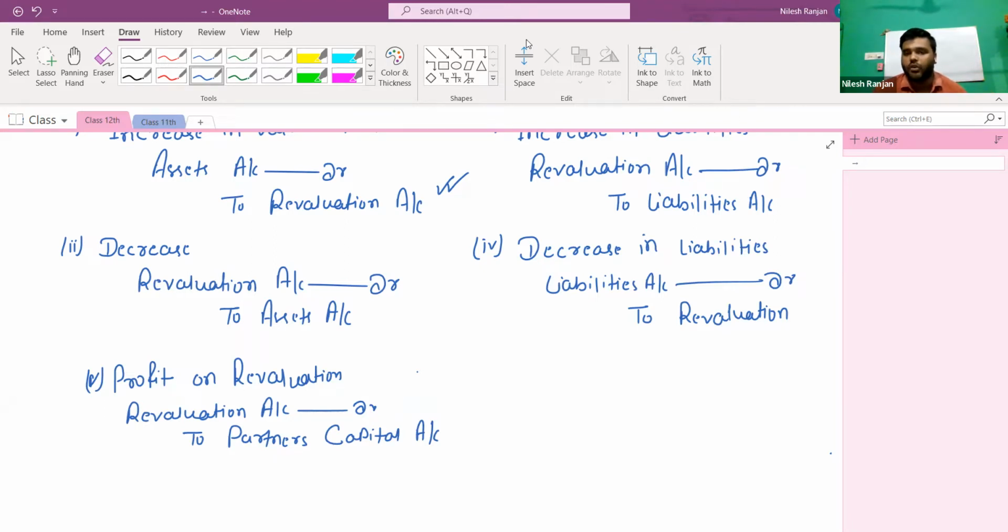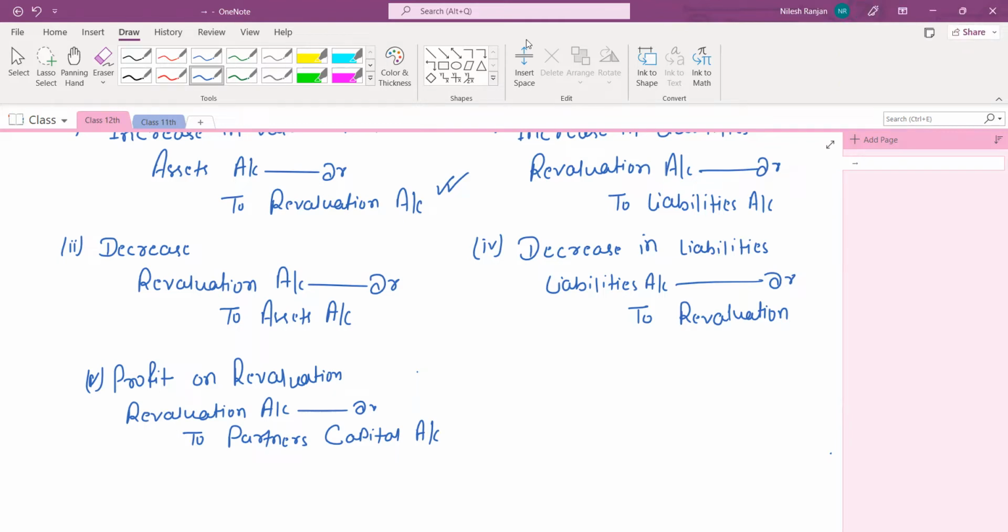So is it profit or loss for you? Sir, definitely it's a loss. It's a loss. Very good. So in case of loss, revaluation account is debited. So that's why revaluation account debit to liabilities account, because if liability increases, then it is credited.